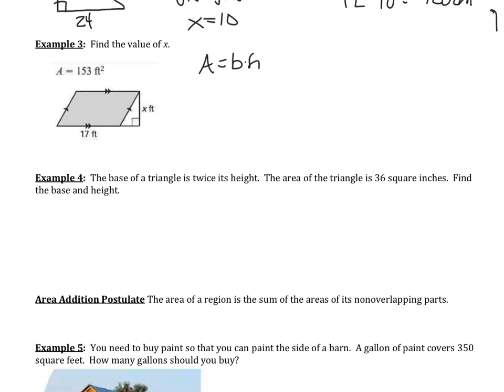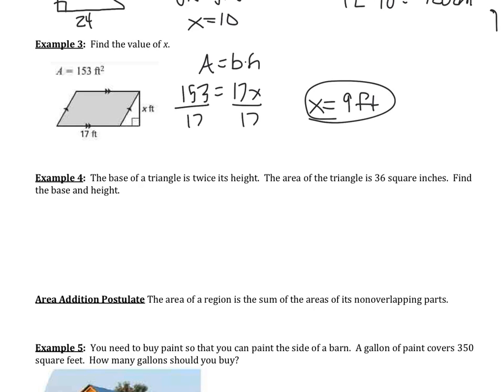So my area is 153, which is equal to my base, 17, and my height, I don't know, that's x. So now I have an equation that I can solve for x. Divide both sides by 17. So x should equal 9 feet.